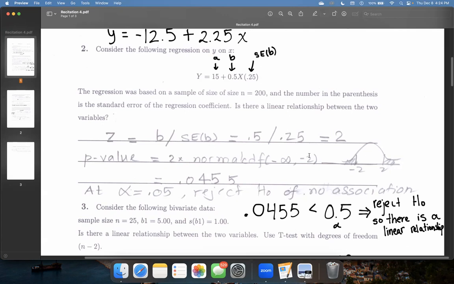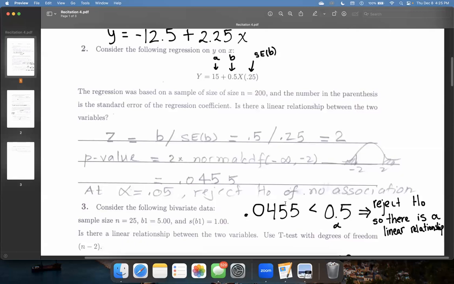And this 2 in our normal CDF function comes from the previous step, the z that we just found. So when you do that in your calculator, you'll get 0.0455, and at alpha equal 0.05, we're going to reject the null.